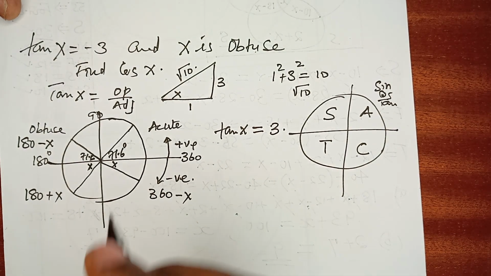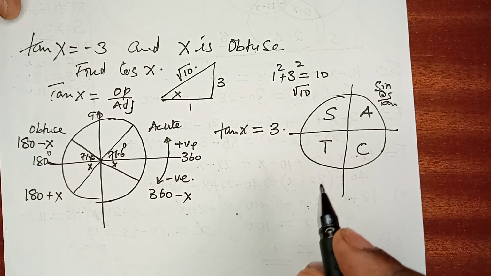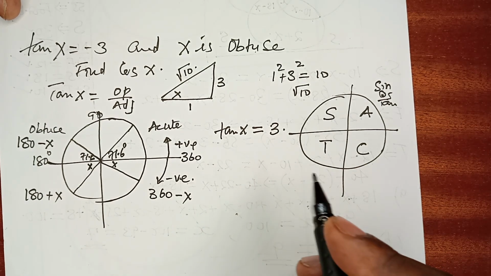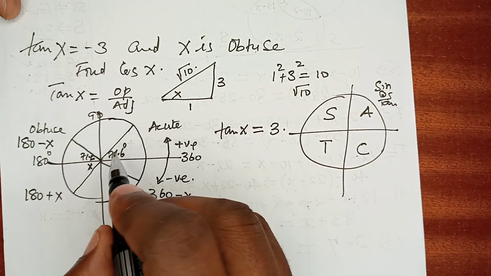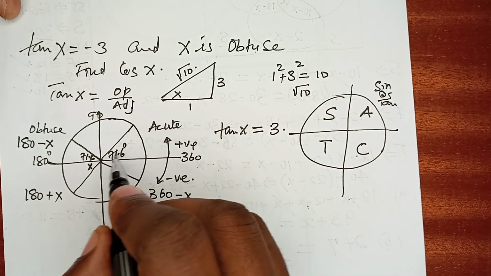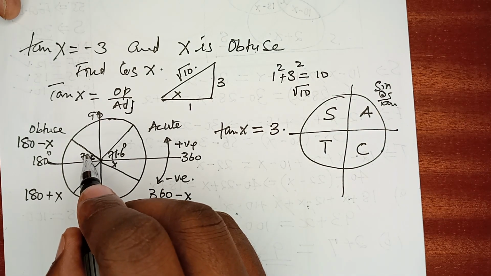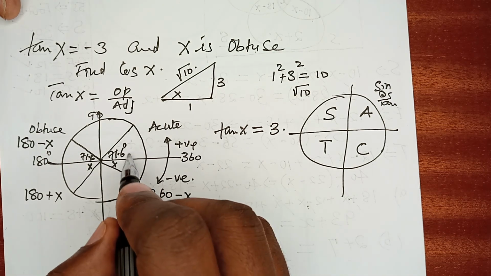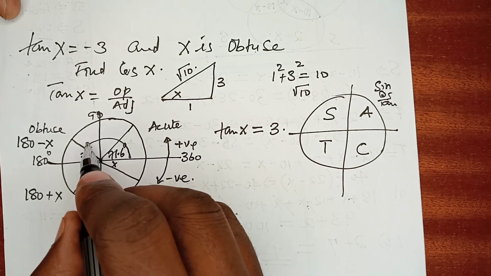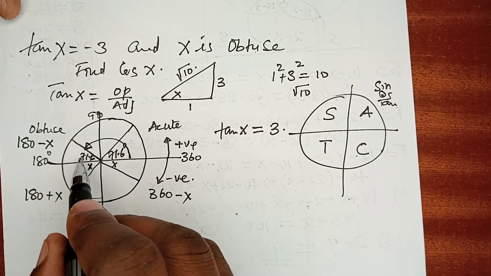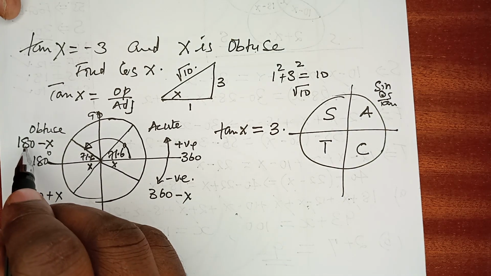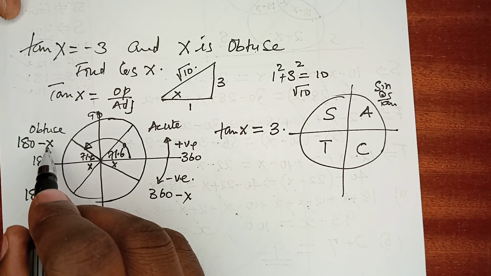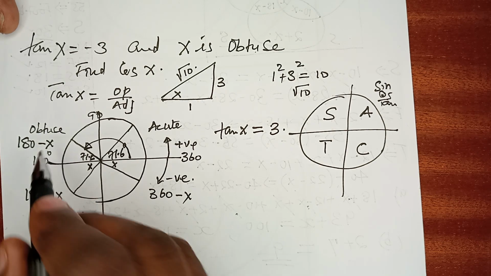So what does that mean? If the tangent of 71.6 degrees is 3, then this angle is 71.6, and the same angle is reflected here. But of course, we know that for us to get the angle whose tangent is actually -3, it is not 71.6, but it is 180 minus x, our x, which is now 71.6 degrees.